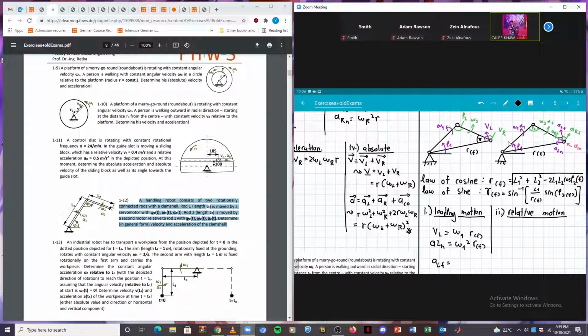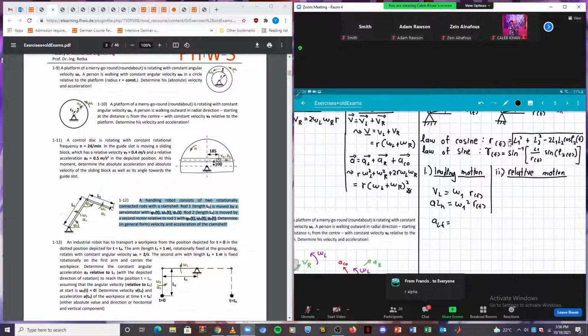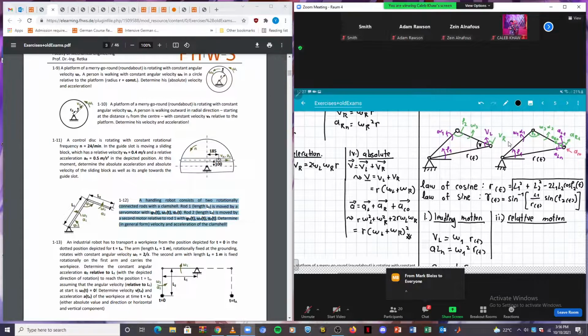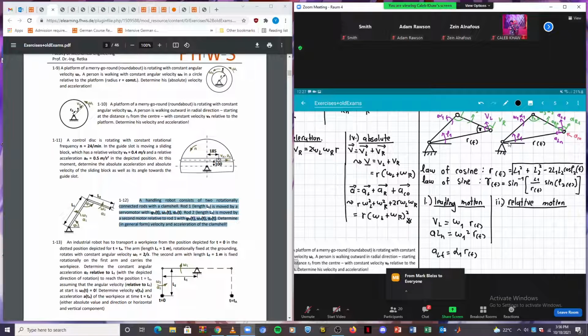Okay, does anybody know what we are supposed to write for ALT? I think ALT should be alpha 1 times R of t. Yeah, then, okay, you've gotten the normal acceleration already.